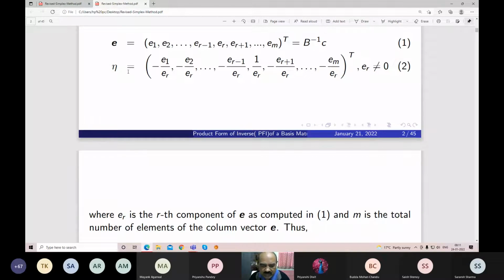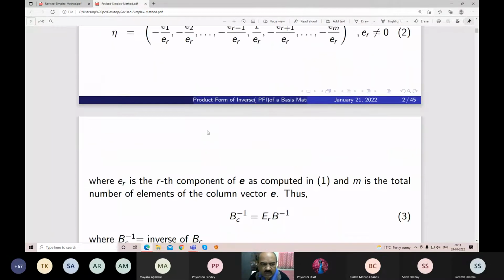Once we find Er, we can write BC inverse equal to Er into B inverse. BC inverse equal to Er into B inverse.